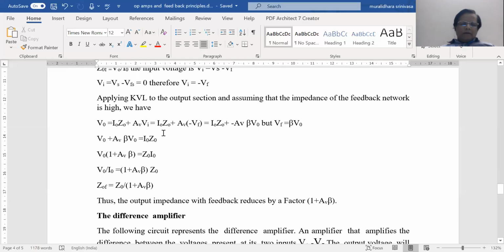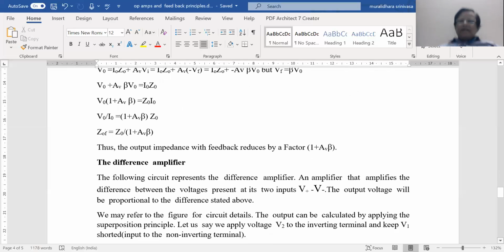That is equal to I0 Z0 plus AV into minus Vf, which is I0 Z0 minus AV beta V0, since Vf is equal to beta V0. It turns out ultimately that ZOF is equal to Z0 by 1 plus AV beta.